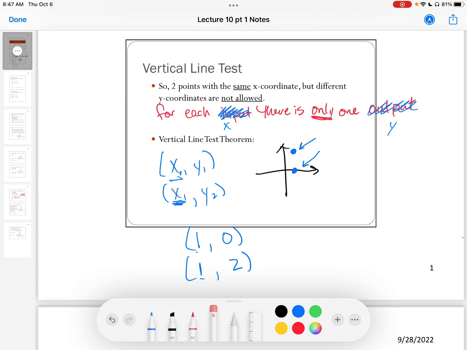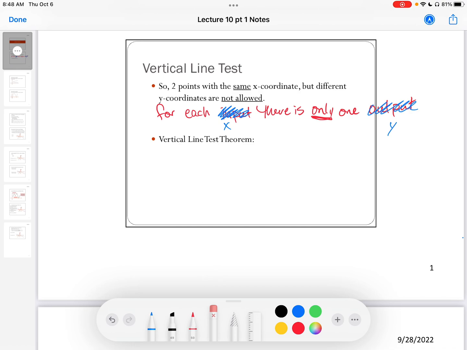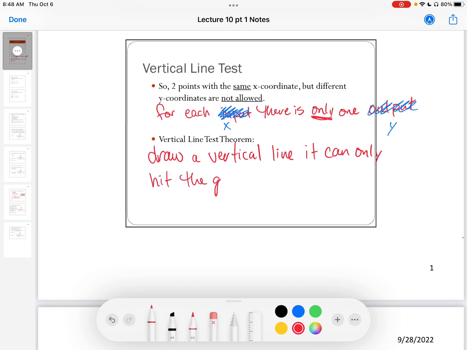This vertical line test theorem basically says that if you draw a vertical line, it can only hit the graph of a function once.